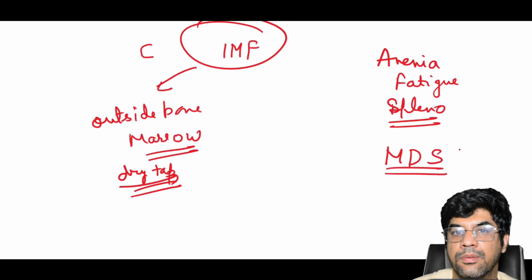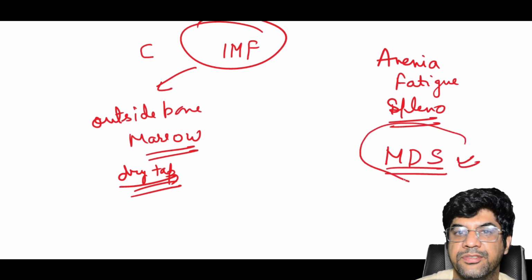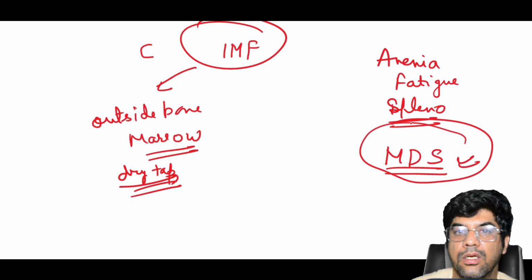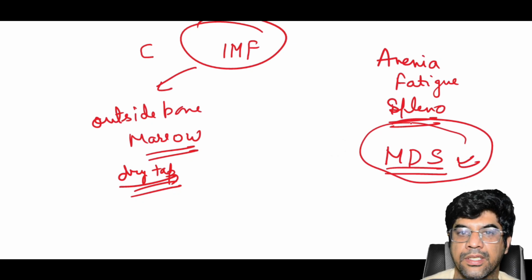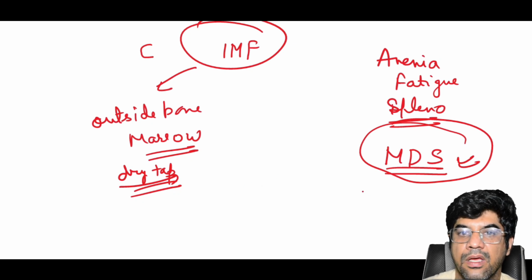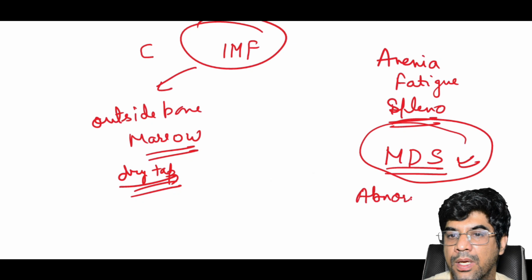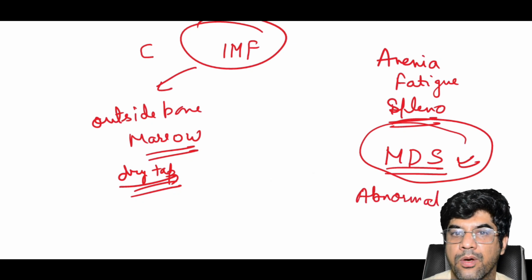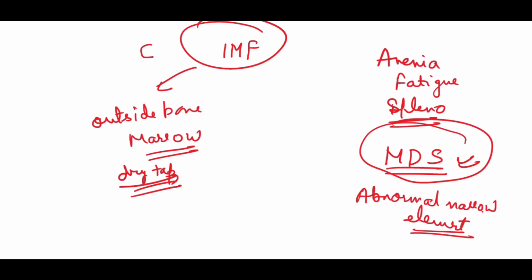The next is myelodysplastic syndrome. So it is a group of hematopoietic clonal stem cell disorders. There you will see abnormal marrow elements. So it is idiopathic with risk factors including radiation and benzene exposure.